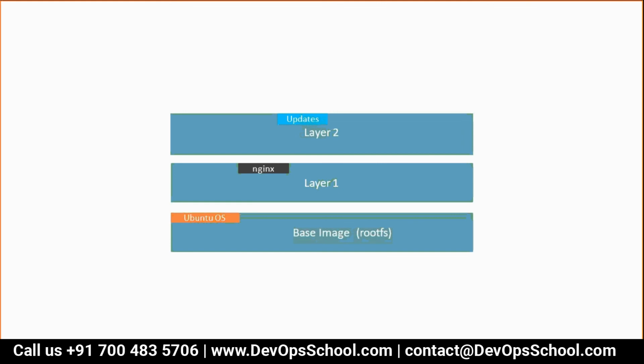Here you see root file system plus Nginx application and updates of the root file system. All these three file systems are in separate layers, coming together and creating one image of XYZ, which will contain Ubuntu, Nginx and updates. So did you understand what an image is?